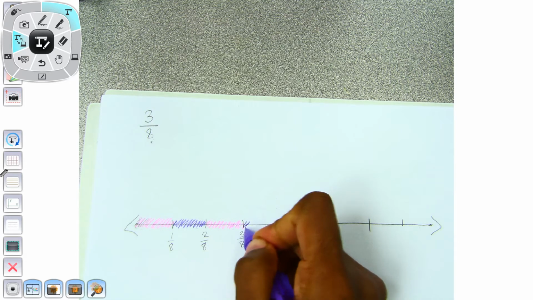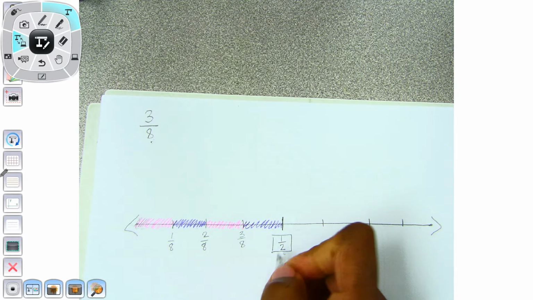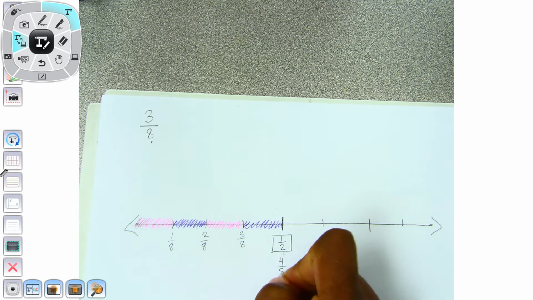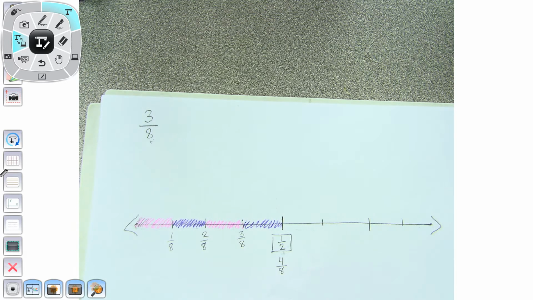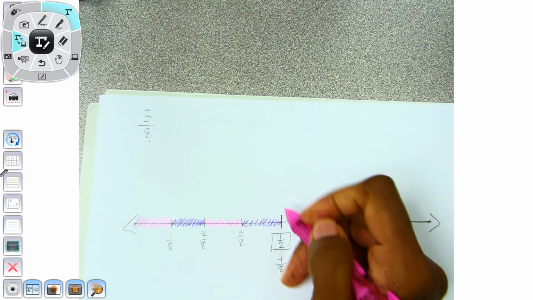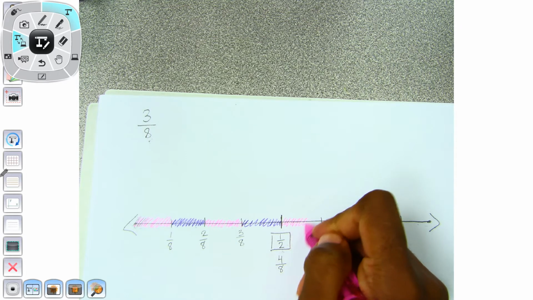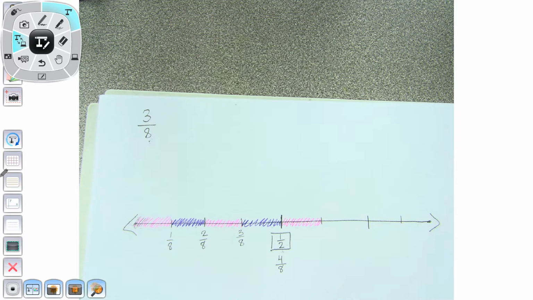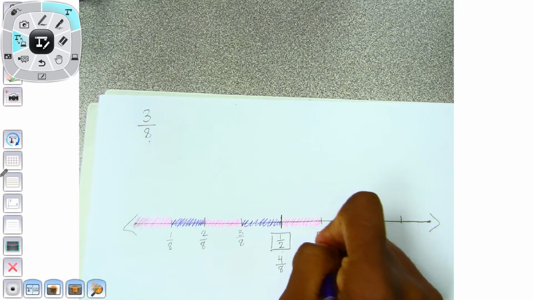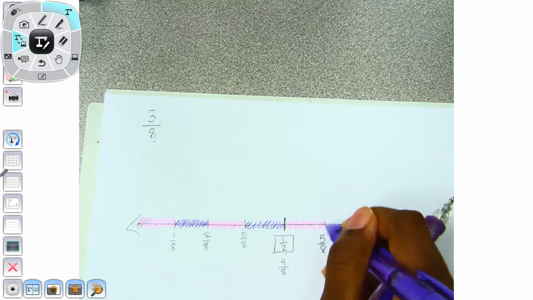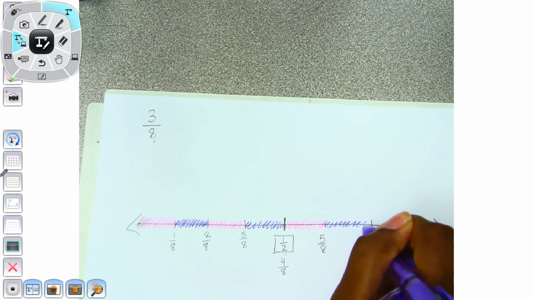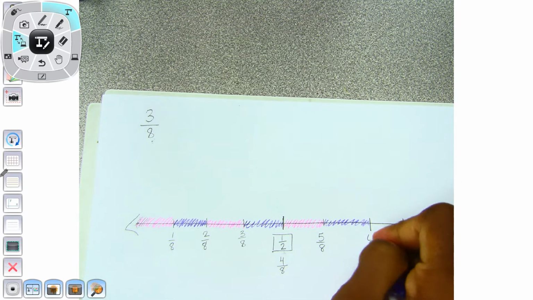From here to here brings me another 1/8, so this would be 4/8. And remember, we said it's the benchmark 1/2. I'm going to keep going so that you can see. This is 5/8. 6/8.